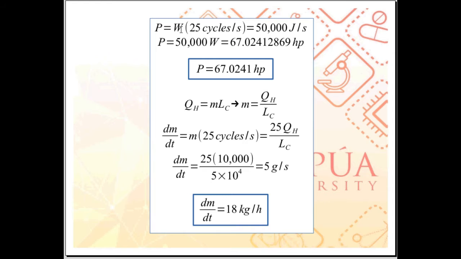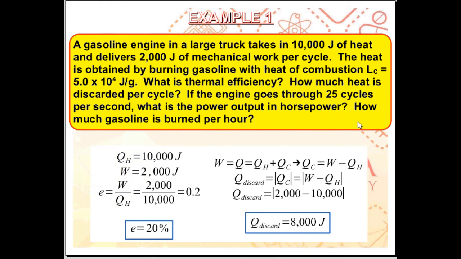The work done per cycle times the number of cycles per second will give us the power in joules per second: 50,000 joules per second or 50,000 watts. Converting this to horsepower, we have 67.0241 horsepower.